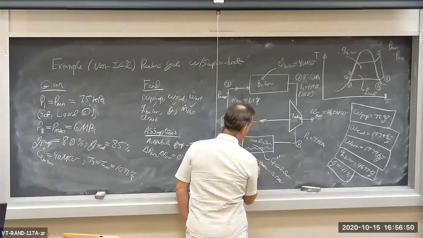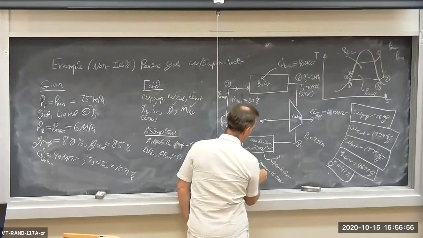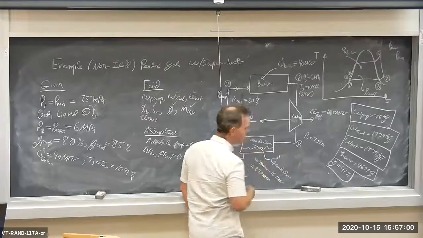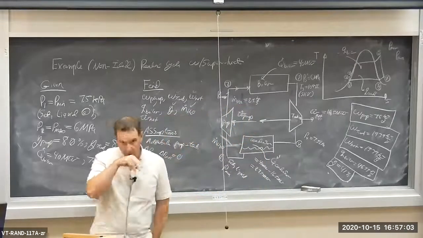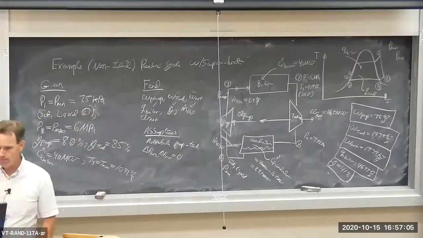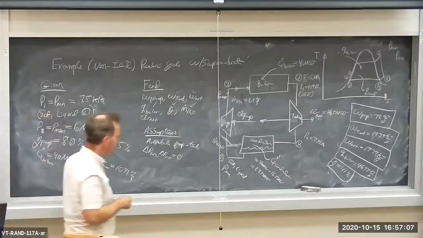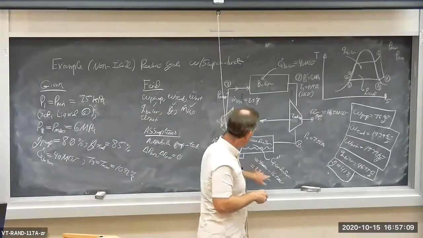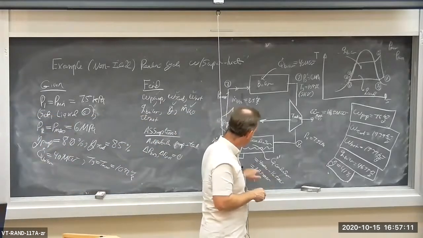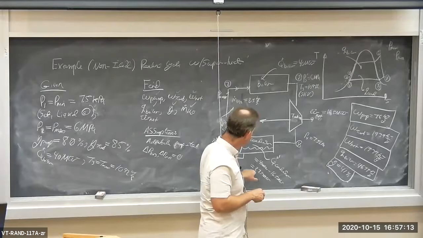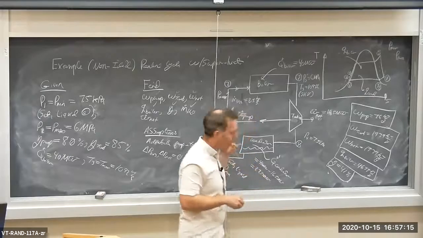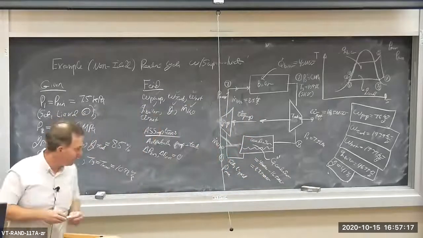Looks to me like I have 23.5 megawatts. If you want to know what the heat rejection is at the condenser, 23.5 megawatts. Q dot boiler minus W dot net equals Q dot condenser, 40 minus 16.5, 23.5. I think that's right.